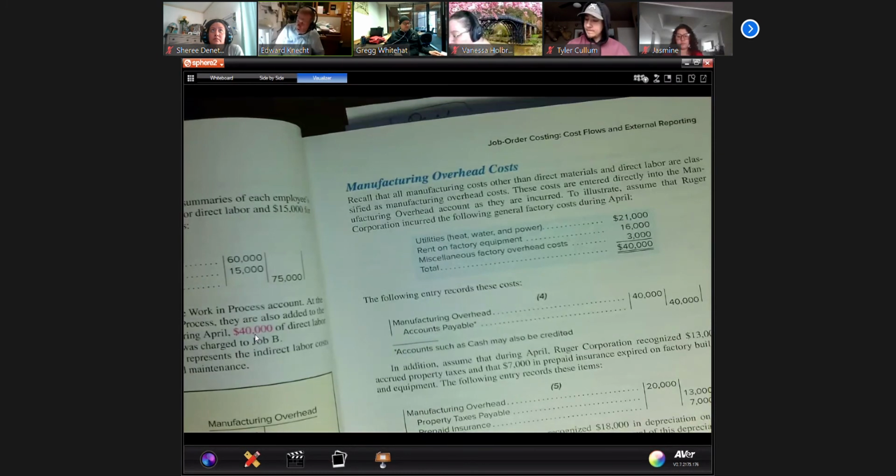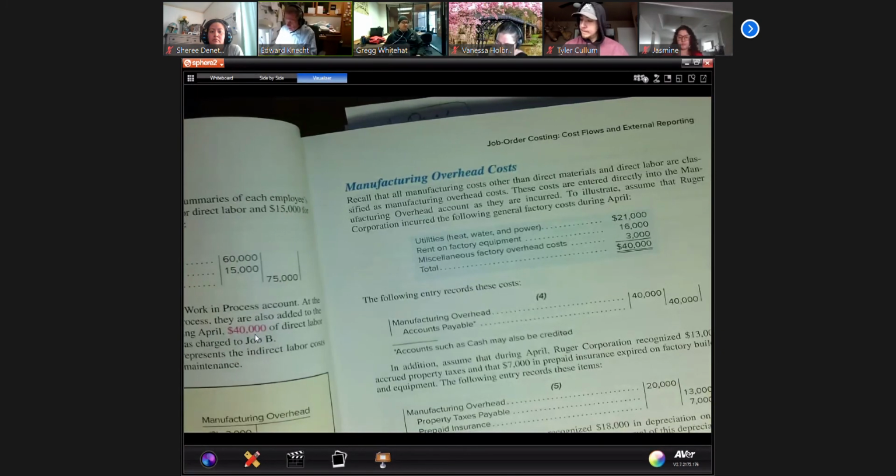By the end of the time period, we used up $7,000 of that asset that related to the factory operation. If we had other prepaid insurance that was for the executive offices, well, guess what? We would debit insurance expense, credit prepaid insurance. So the debits are different, aren't they?